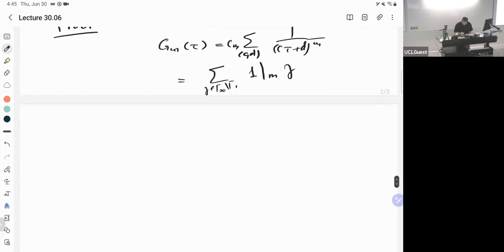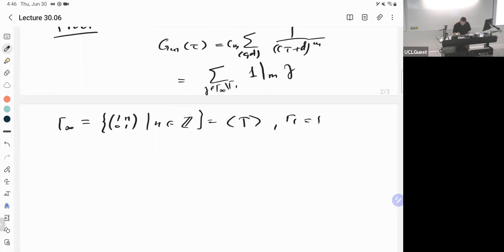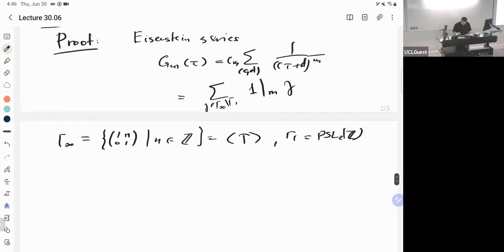Gamma infinity is just the set of powers of the T matrix, the set of all upper triangular matrices with ones on the diagonal. And gamma 1 is as before, PSL2(Z), although with this notation it doesn't really matter which group it is. It works quite generally.